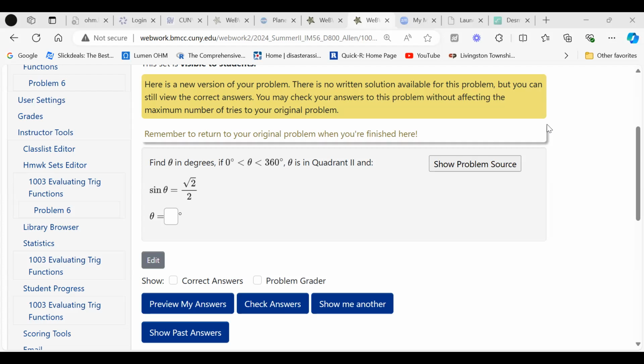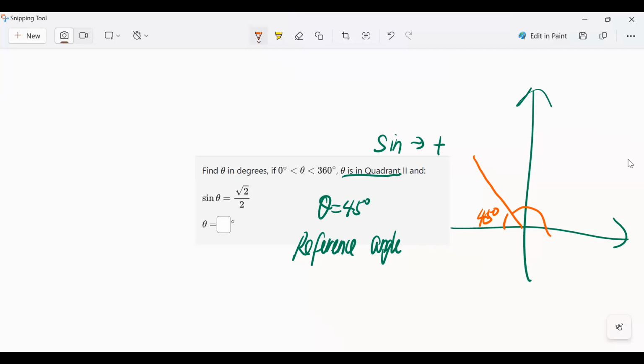Now we need to find the angle itself. Yeah, so it's 135, right? So you do 180 minus 45 degrees, which is 135 degrees. That's the angle we're looking for. Only this one has a reference angle of 45 degrees in the second quadrant. So this is the angle we are locating. It's sort of like going backwards. We have the value, but we don't know what the angle is.